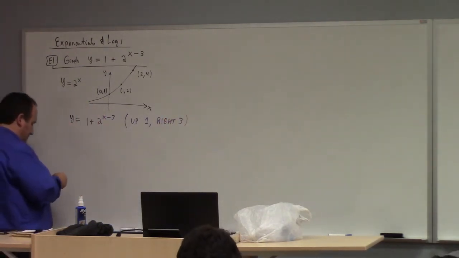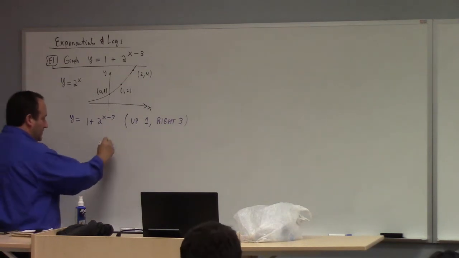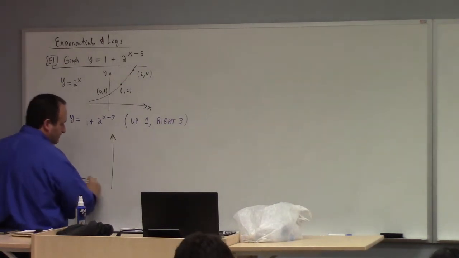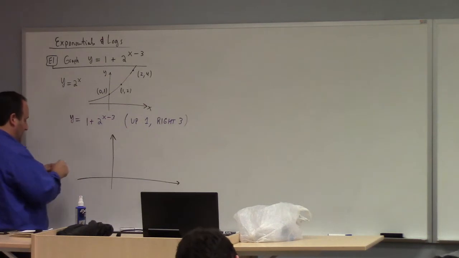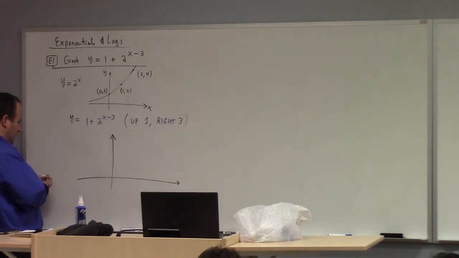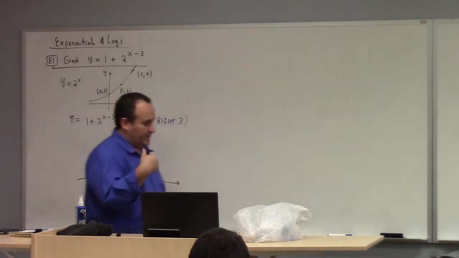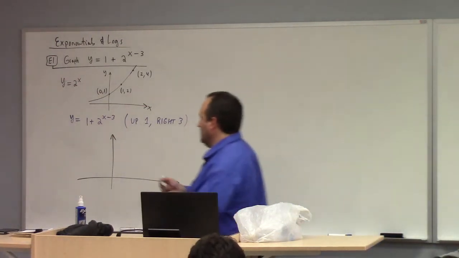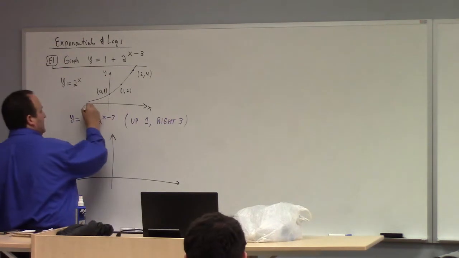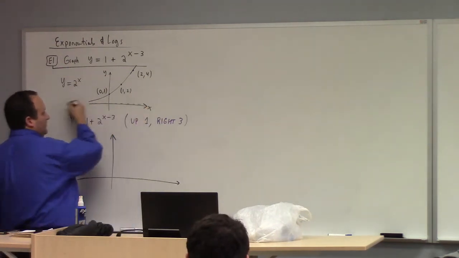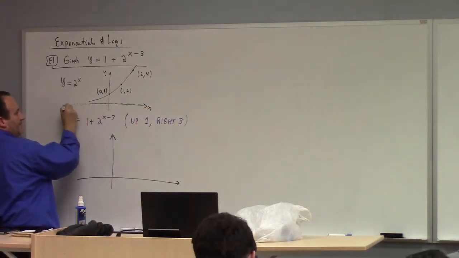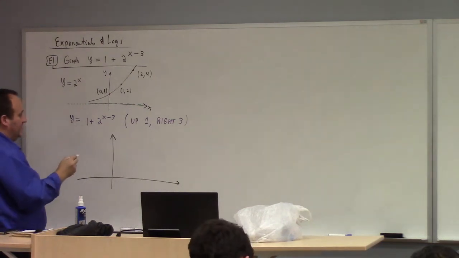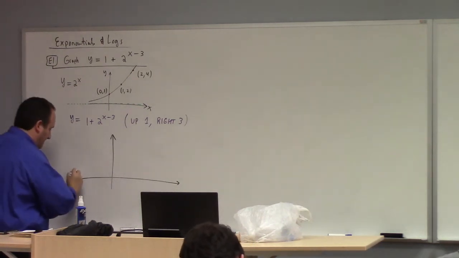And so that's pretty much all I've got to do. So let's see here. There was a horizontal asymptote for the original one, the x-axis, right? So this is like the original. It's mostly this way I'm talking about, right? So that gets shifted up 1.